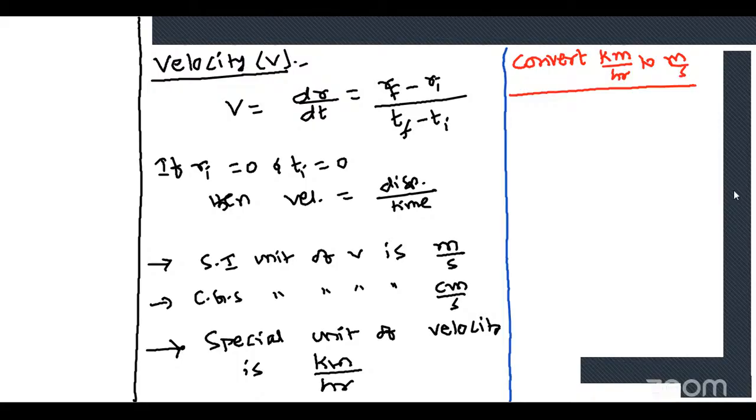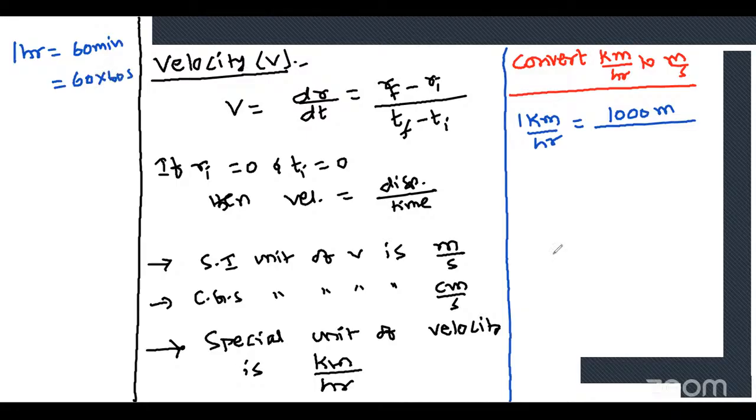So it is 1 kilometer per hour, and I need to convert it into meter per second. 1 kilometer, can I write as 1000 meter? 1 hour equals 60 minutes and 1 minute equals 60 seconds, so altogether it is 3600 seconds.